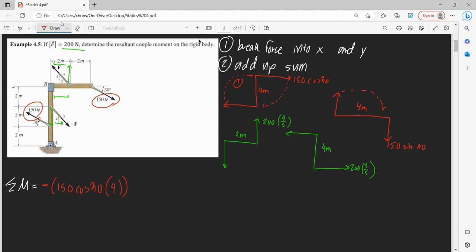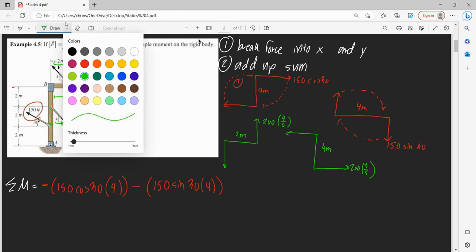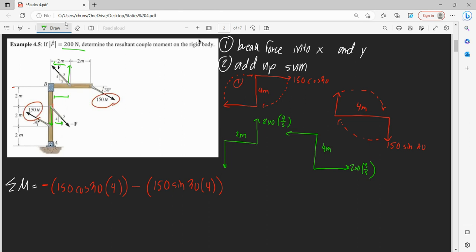Same thing goes for this next one here. That is also clockwise, so that's minus. Then that's 150 sine 30, 4 meters. Next up, we have our 200, and this is in a counterclockwise direction.